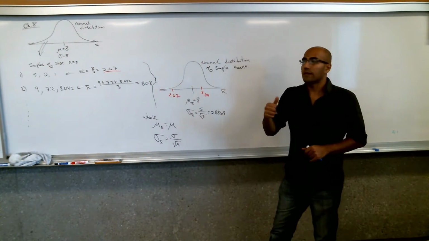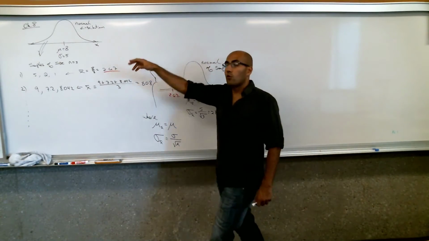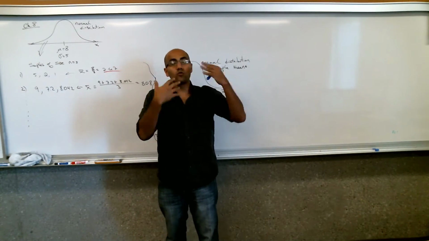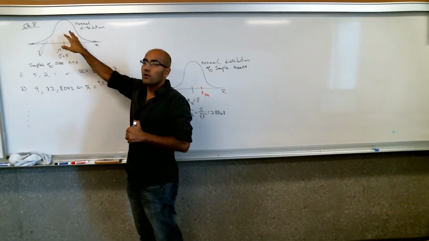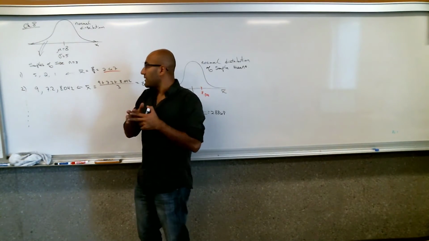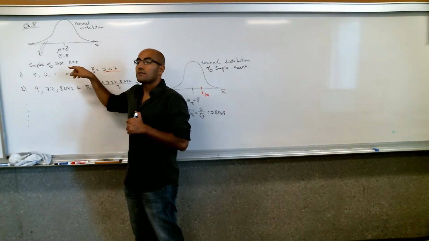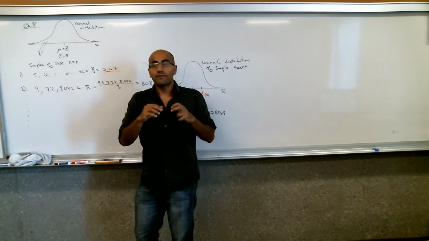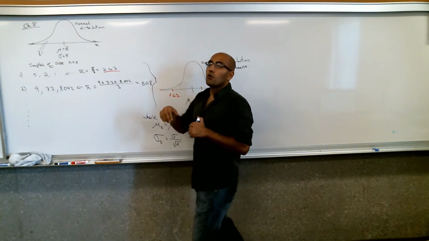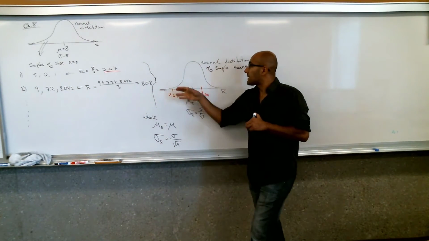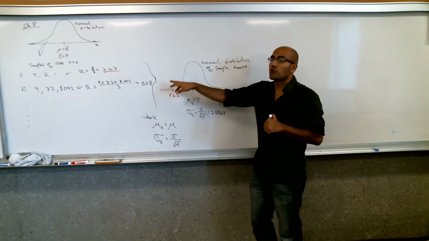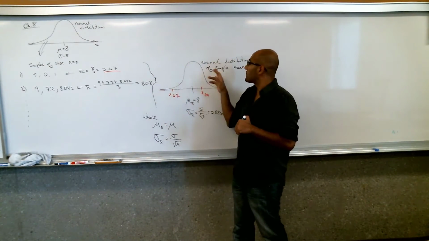Okay, that's one thing. Now, what if this is not normal, or if we don't know if it's normal? It could be uniform, it could be anything else. What if it's something other than normal? Well, it depends. The sample size needs to be big enough in order for this to work. So the bigger n is, the more likely it is that this distribution of sample means is going to be normal.